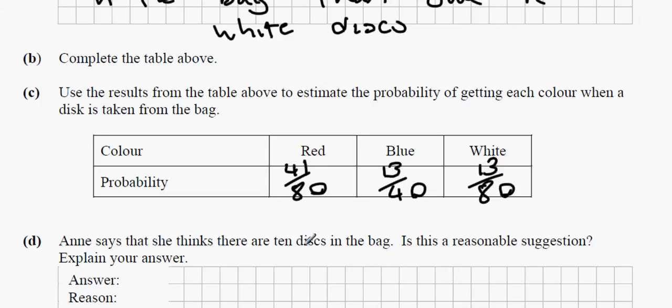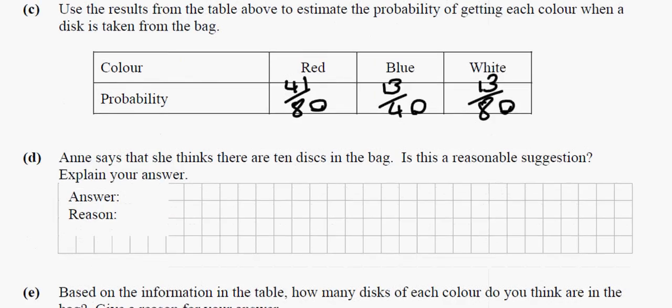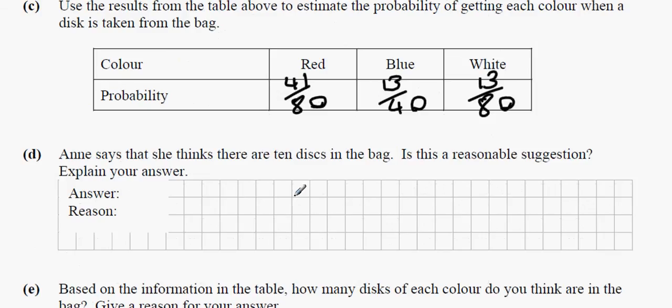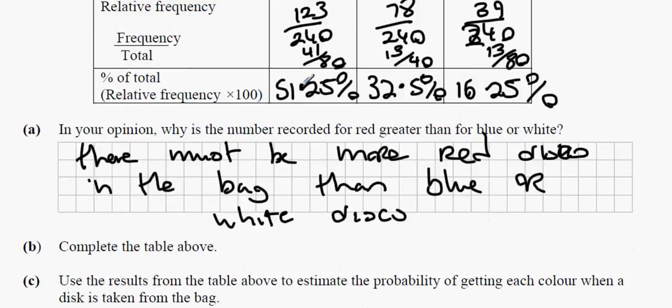Anne says she thinks there are 10 discs in the bag. Is this a reasonable suggestion? Explain your answer. Okay. Look at the percentages. 50%, 51% could be roughly 5 in 10. 32% could be roughly 3 in 10. And this 16% you could round up to 2 in 10.